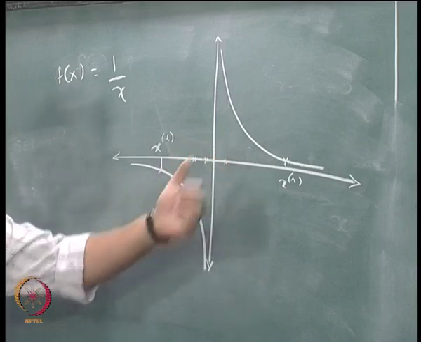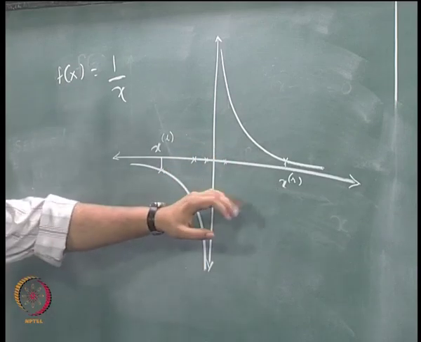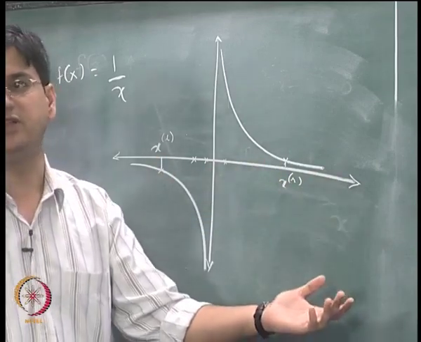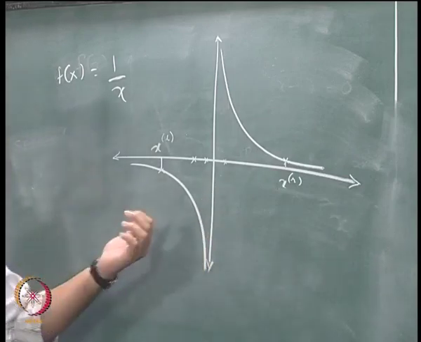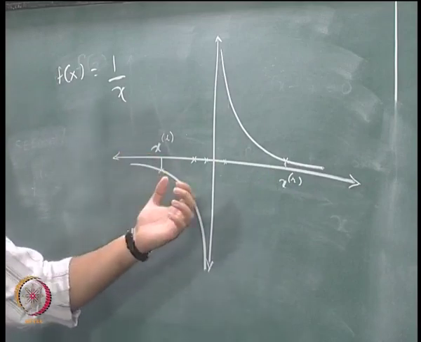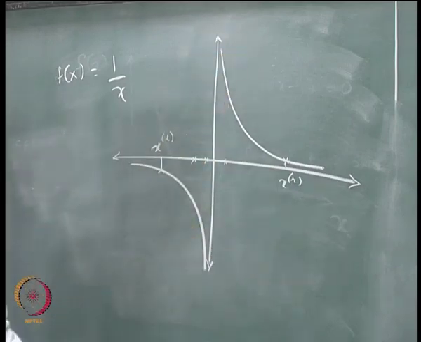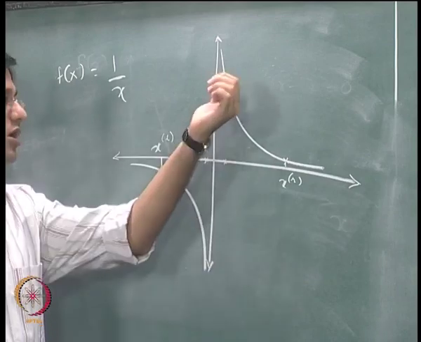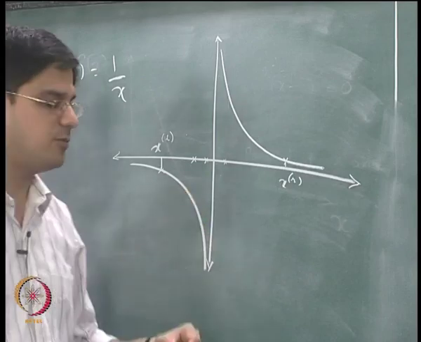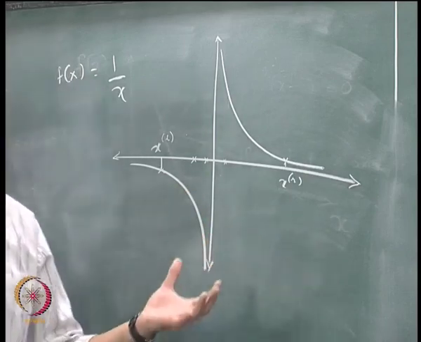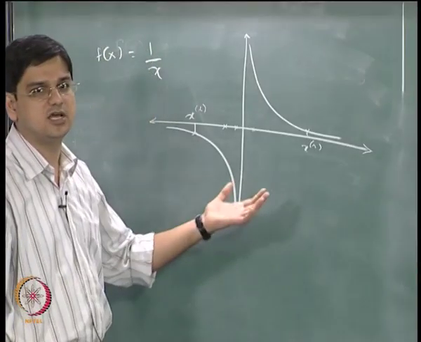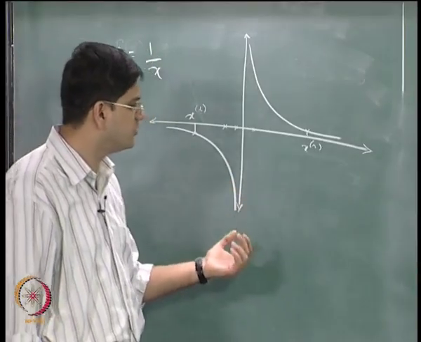As we approach the origin, what we will find is that f of XL tends to minus infinity, f of XR tends to plus infinity. So although the solution does not exist for this particular problem, we will be able to figure out that this particular curve has a discontinuity at the point 0, whereas such properties of the curves we will not be able to obtain using any of the open methods that we look at.